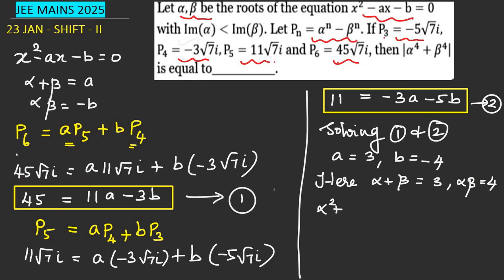Therefore alpha square plus beta square is equal to (alpha plus beta) whole square minus 2 alpha beta. Now substituting the values, we get 9 minus 2 times 4, which is equal to 1.